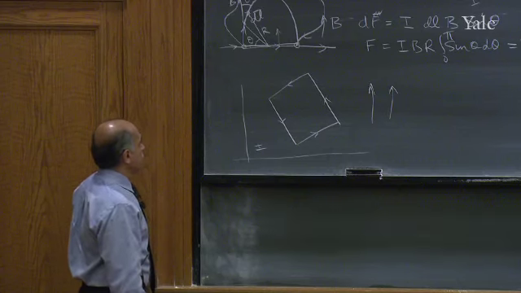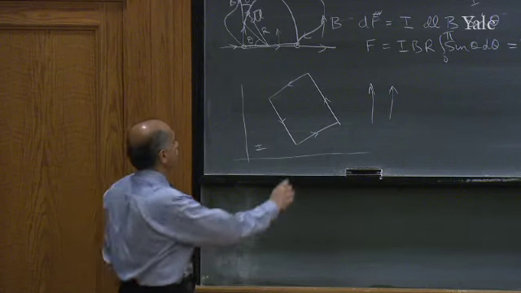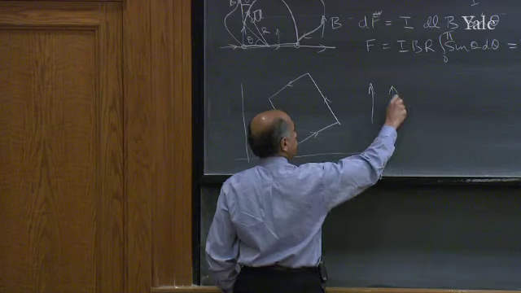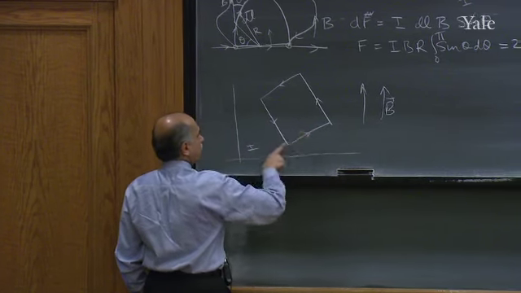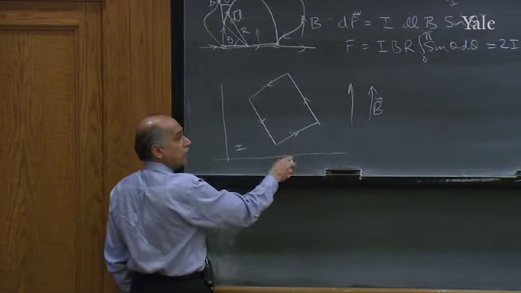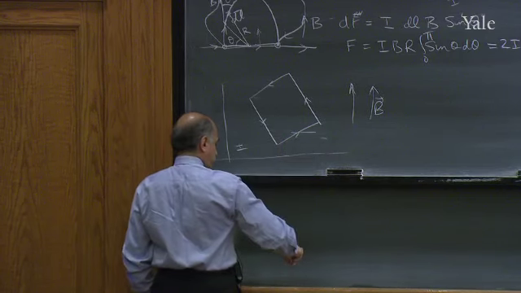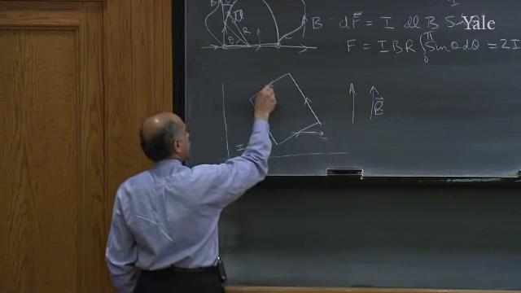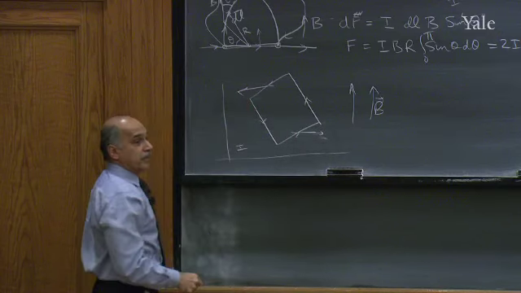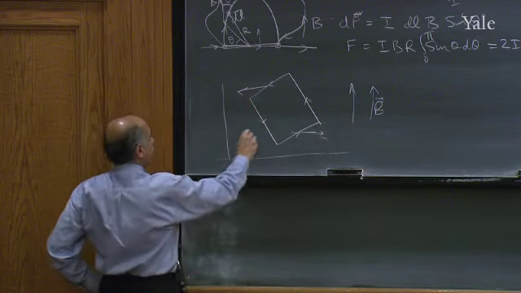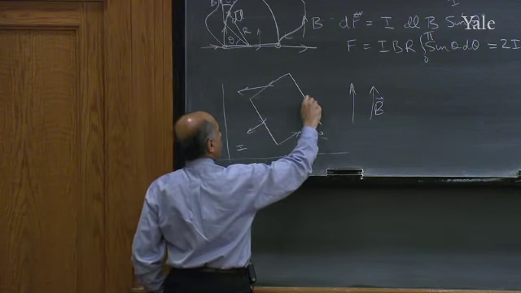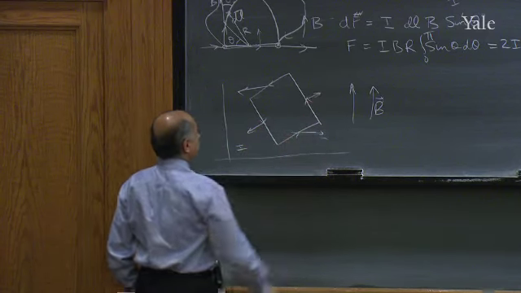So what are the forces on the four sides? B is this way, dl or I is this way, and B is up. If you turn a screwdriver from there to B, you will find this force here is like that, and this force here is like that. Both are horizontal forces. That's a force on this side and a force on that side, which are equal and opposite.